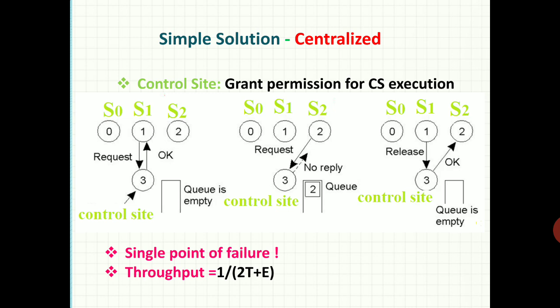Then the throughput will become 1 by (2t plus E). In the previous session we discussed that the throughput is 1 divided by the synchronization delay plus the average critical section execution time. Here the transmission time is doubled, so the throughput will be half of that in the previous case.